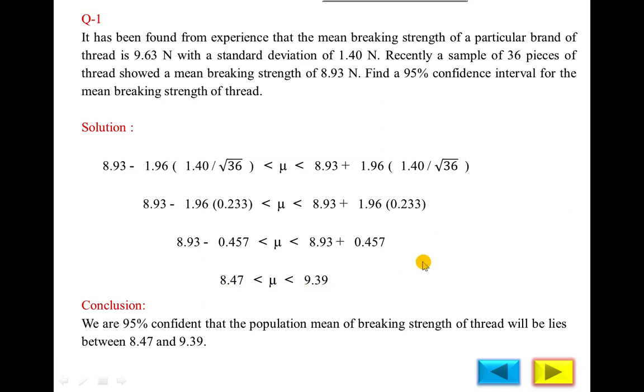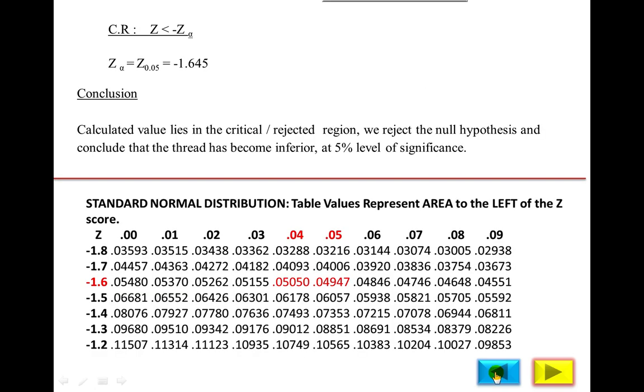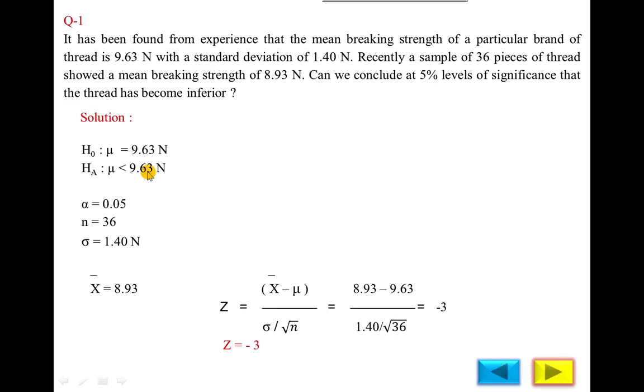From this you can also observe the population mean, 9.63, does not lie in this interval, it is outside the range, and you have rejected on the same data in the previous topic, testing of hypothesis. Reject the null hypothesis, the mean has become inferior, outside the range.